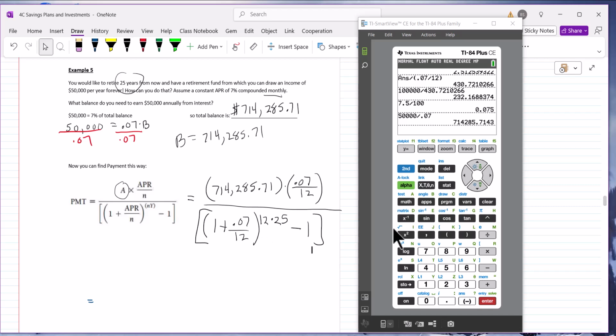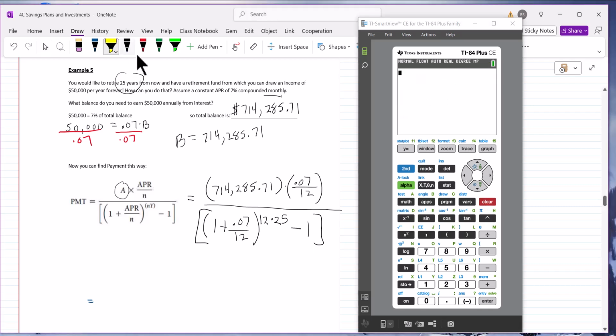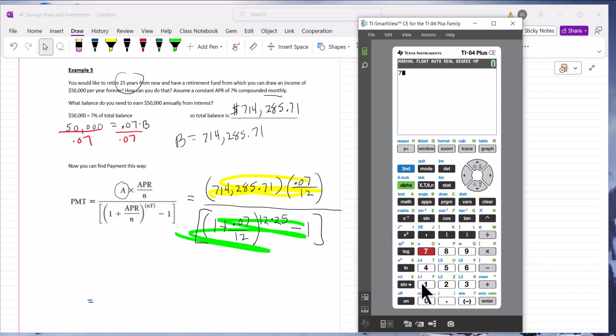So when I do this problem, here's what you would want to do. You would really want to get the answer to the numerator. So what you could do is just put in $714,285.71, and then multiply by, and to have this in parentheses, so the calculator can do the 0.07 divided by 12, and just get that worked out.